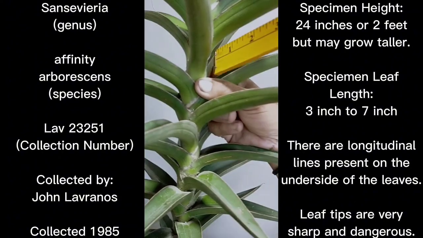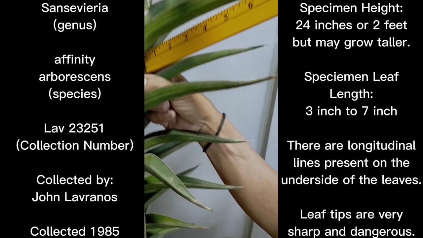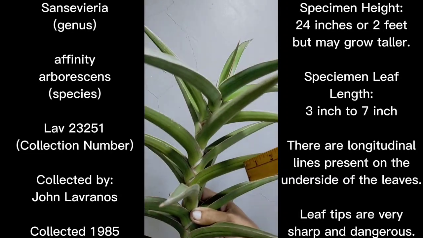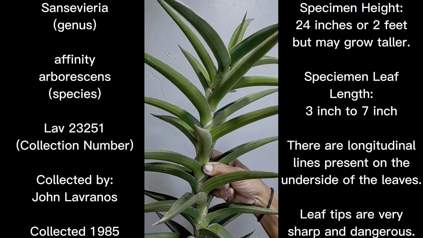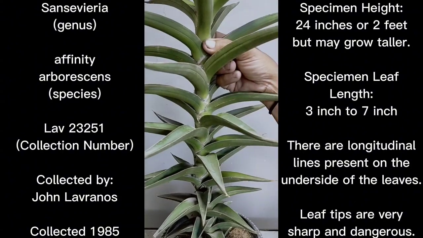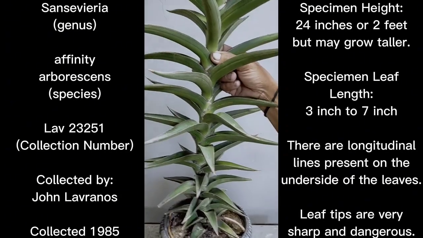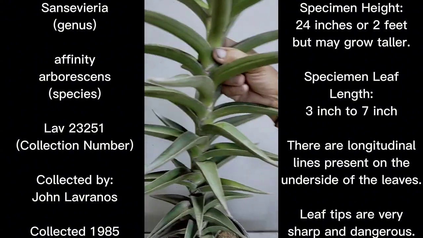The one on top is about 9 inches for the leaf length, and the ones on top are still growing, so I'm not sure if I would like to take the measurement of it for now. So we have managed to take the measurements for the Sansevieria Lavranos 23251, or the arborescent affinity.